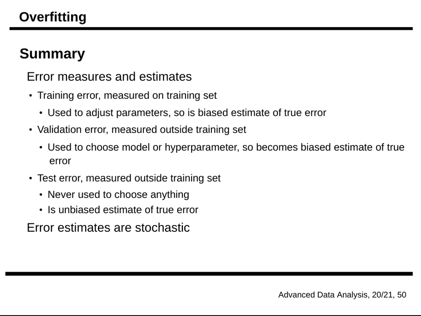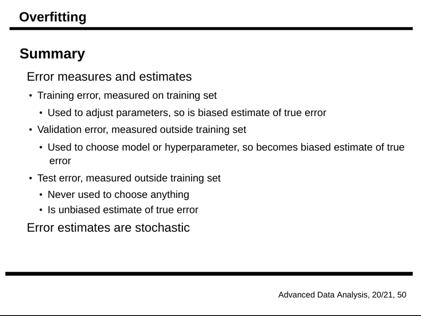But because we are minimizing this, it becomes very biased, and we cannot really use it reliably at the end of the process to estimate the true error. So this is the problem of overfitting. We can get a very low training error, but then have a very large error outside the training set.